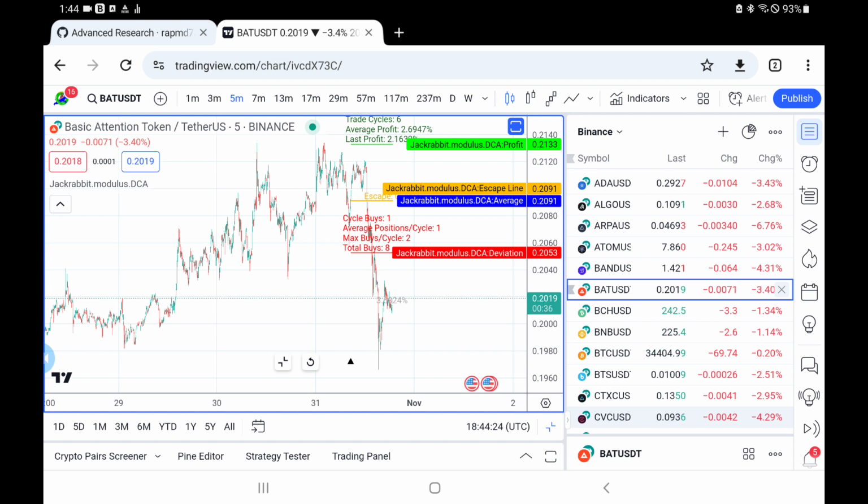And yet, with this strategy, it made a rough 2.6% average profit over 6 trade cycles. That's not bad. The time frame is still about 71 days.